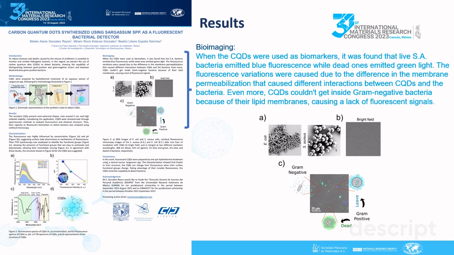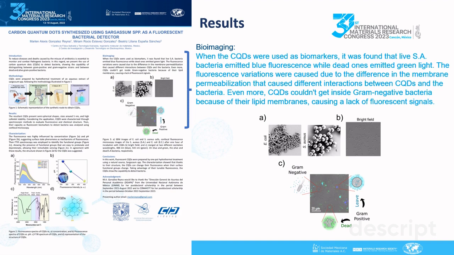Figure 3 shows that live Staphylococcus aureus bacteria emitted blue fluorescence, while dead ones emitted green light. However, the Escherichia coli strain showed no fluorescent signals under the same conditions.